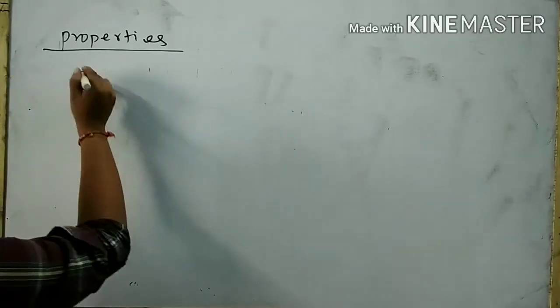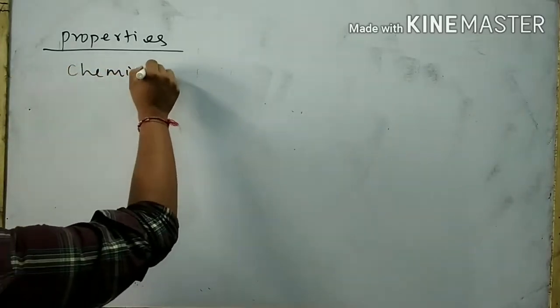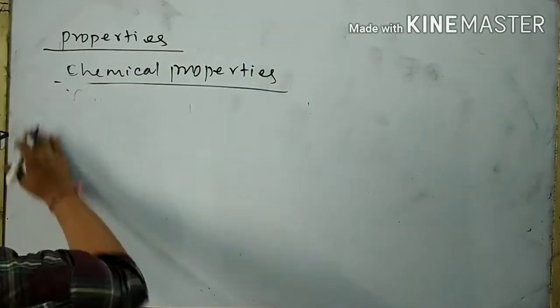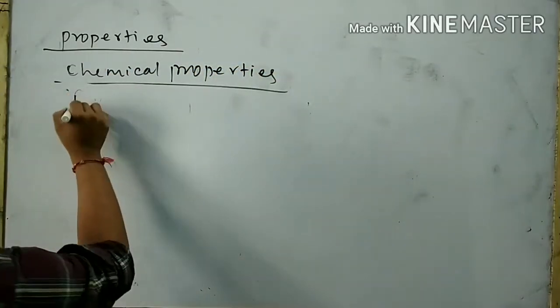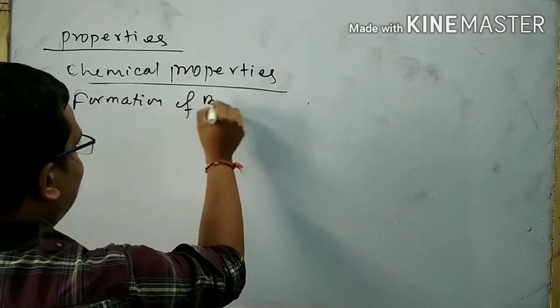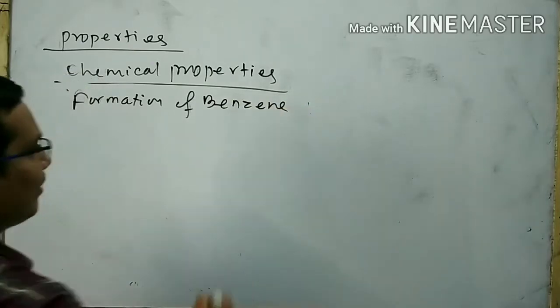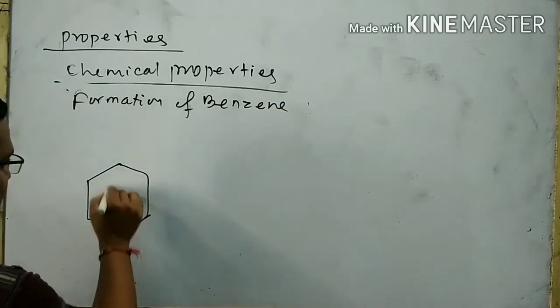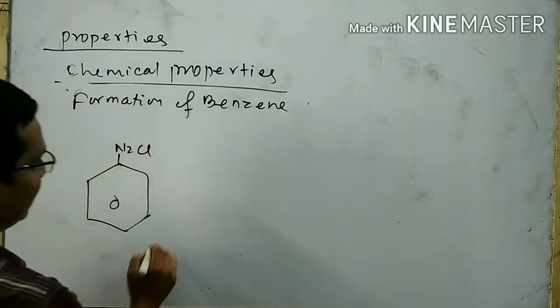Now I will discuss the chemical properties. At first I will discuss the formation of benzene from BDC. This is the structure of BDC.